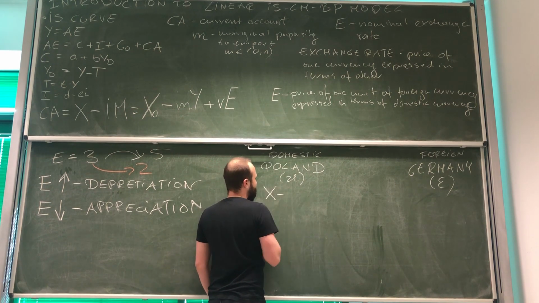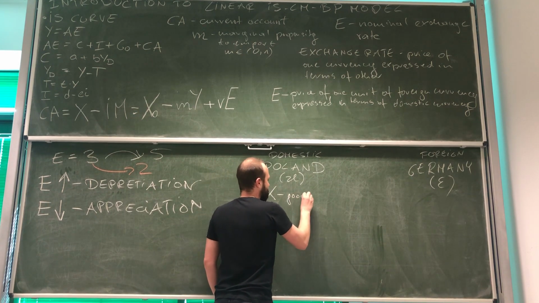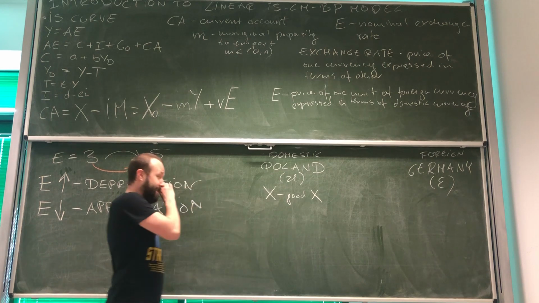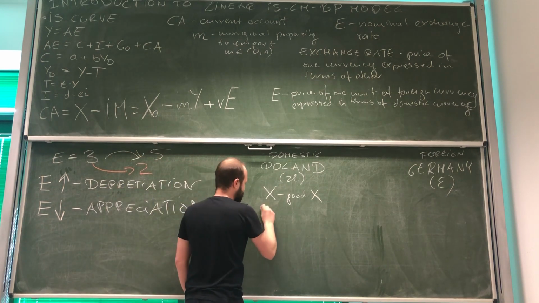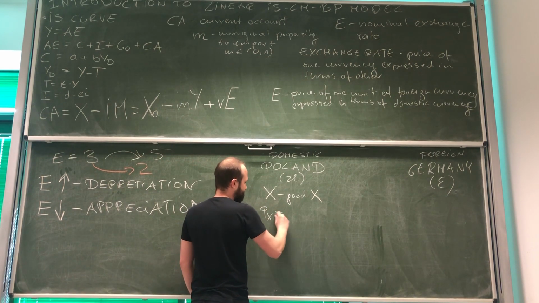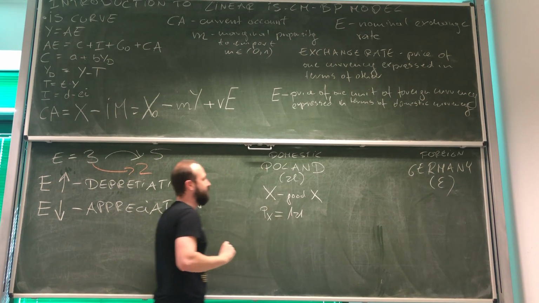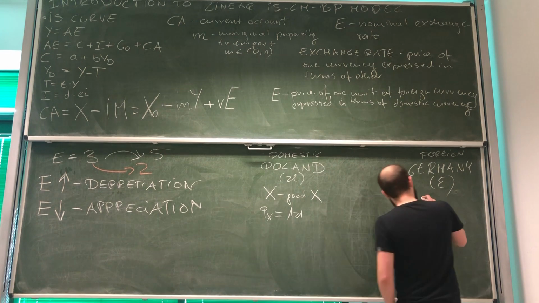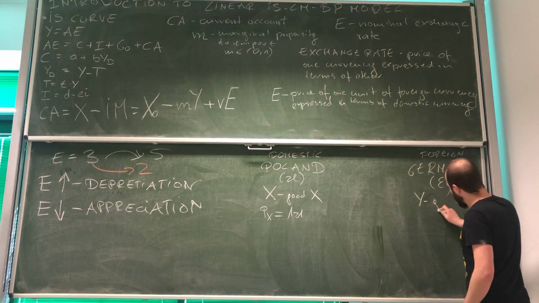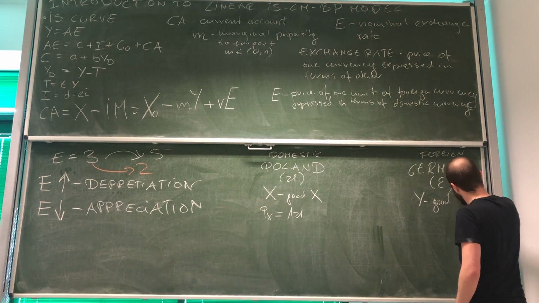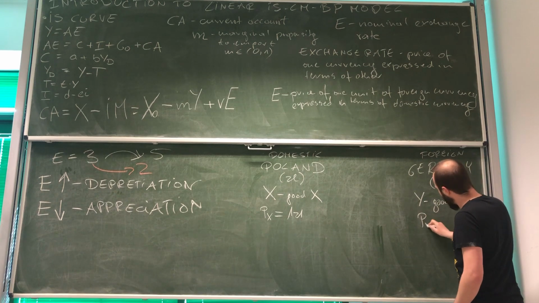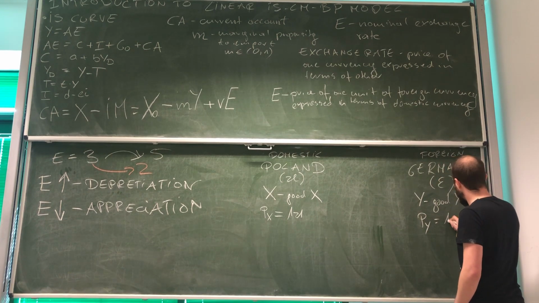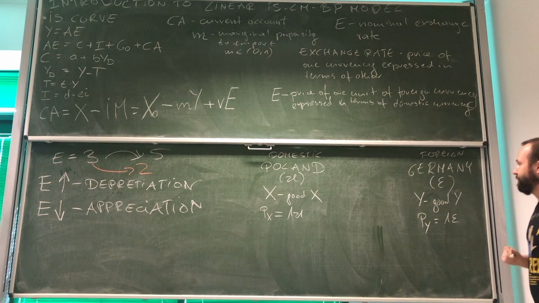Poland produces good X, and price of good X is equal 1 zloty. Germany produces only good Y, and price of good Y is 1 euro.